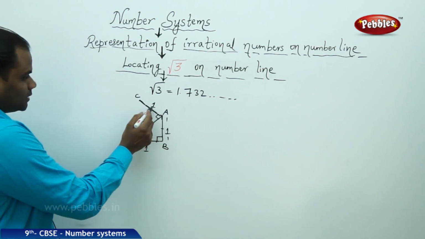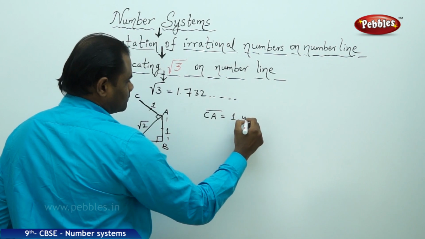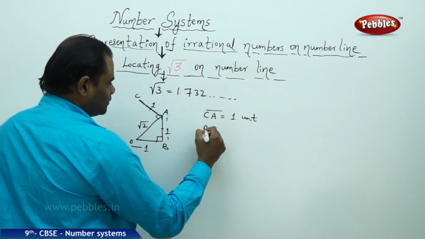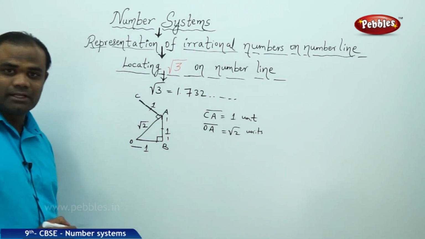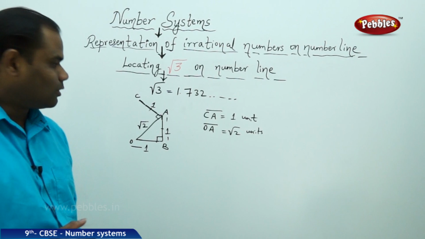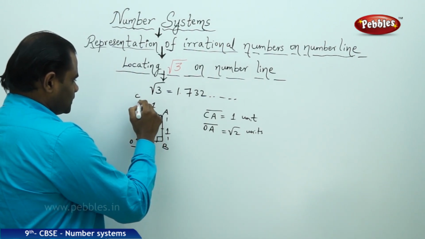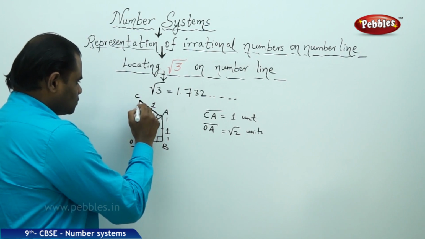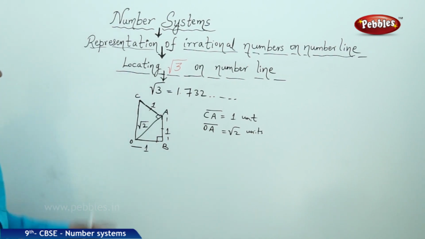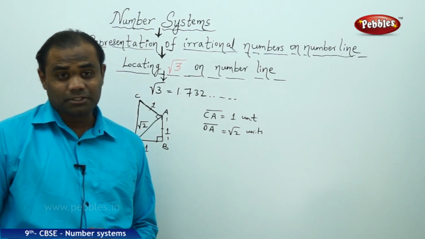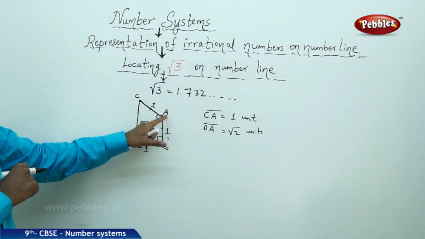So now I have the side CA which is 1 unit and I have the side OA which is root 2 units, as we can clearly see through the diagram. Now with this, let me join C to O. Now let's try to calculate the dimensions of the side OC which is joined for this triangle.